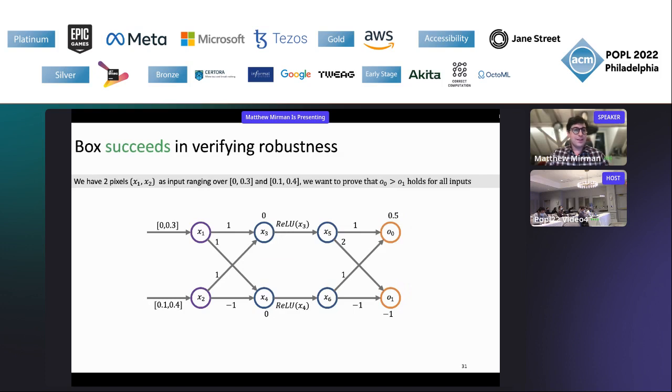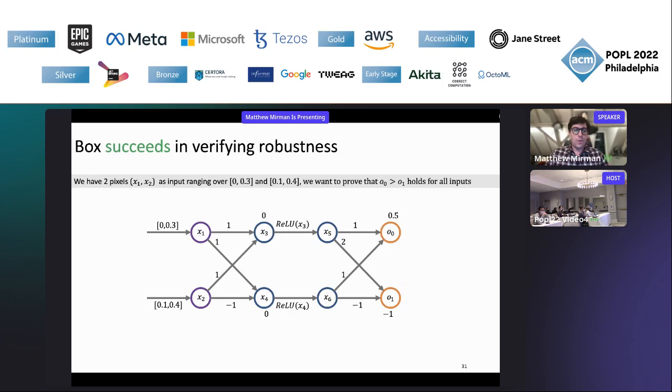So imagine, like before, we have two pixels that range from 0 to 0.3 and from 0.1 to 0.4. And now we pass them through a full neural network. And we want to see that the neural network is always classifying inputs in these ranges to 0. Specifically, that the output O0 is greater than the output O1.